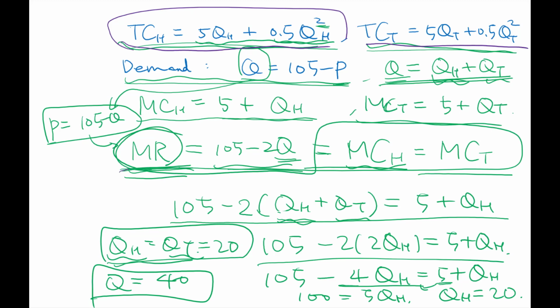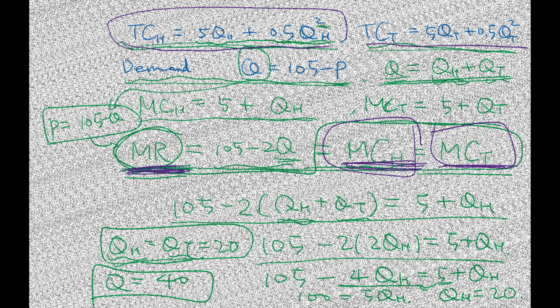Then marginal revenue for this monopoly or cartel should equal the marginal cost of each factory, as they are trying to minimize total cost by equating the additional cost of the last unit of production from each company. So that's it. Thank you for watching.